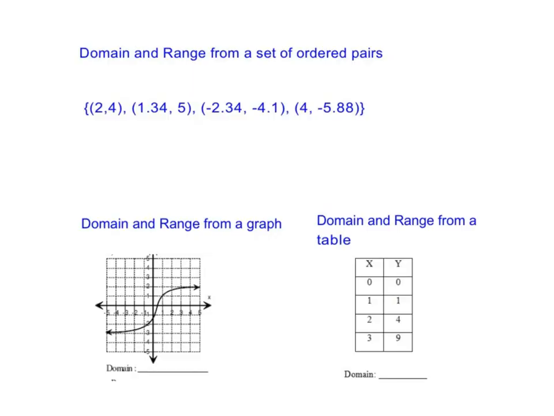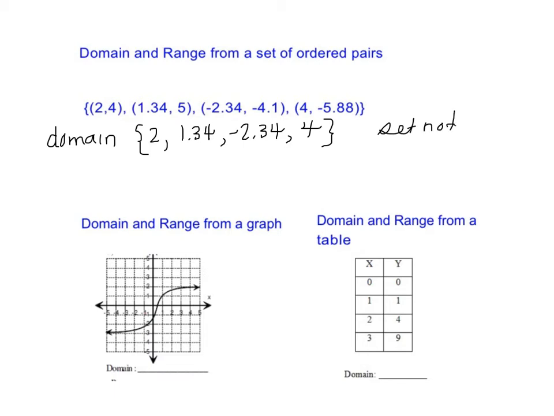When you want to find the domain from a set of ordered pairs, we're going to do this from different places. We're going to write this in a different form. So for instance, the domain of this function is the set of all x values. So I have 2, 1.34, negative 2.34, and 4. And that's set notation, because the relation is written in set notation.